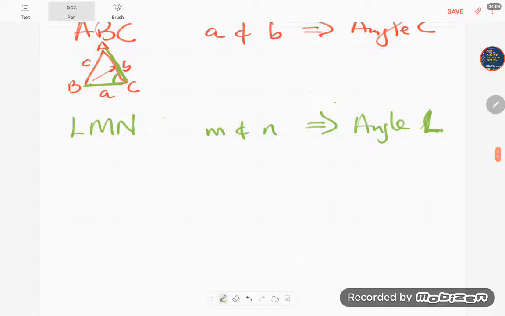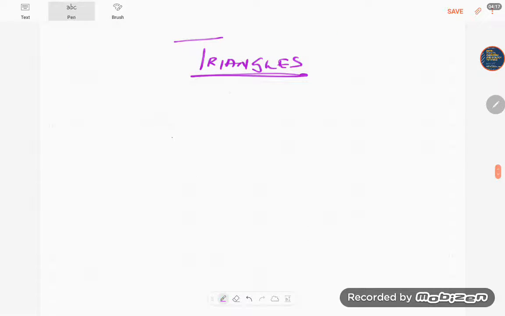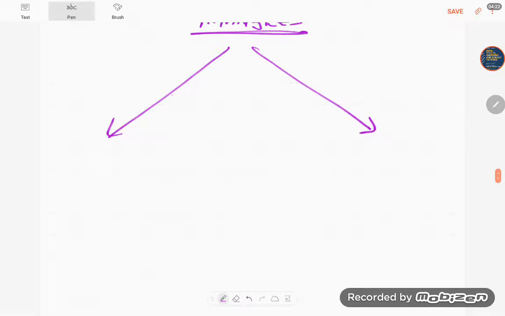Now, what does that have to do with anything? Considering how we deal with triangles, the first thing that we need to ask ourselves whenever we're dealing with triangles is about the 90 degree. Whether I have a 90 degree or no 90 degree in the triangle, when you know this, there are already a couple of things that you should be able to work with, and some things that you need to remove.